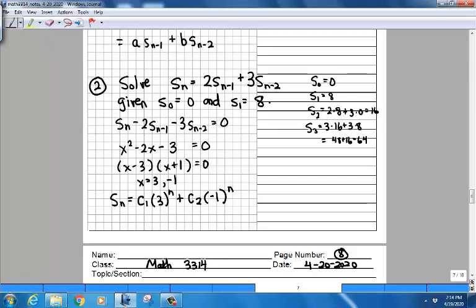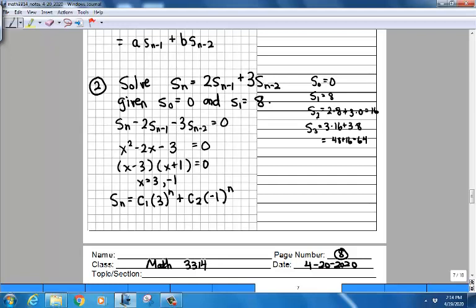That's all there is to it. See, that's so simple. That's just the general solution to the recurrence relation. This is a non-recursive formula.